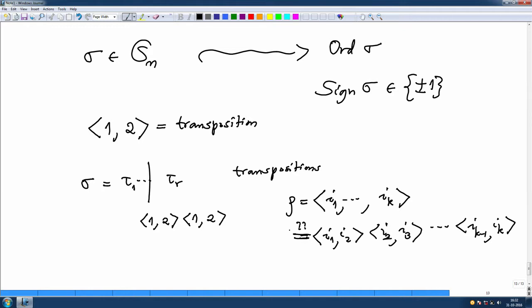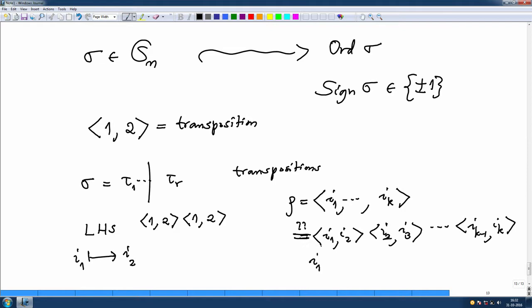So I only have to check what happens to the images of i1 to ik under both sides. Well, on the left side I know i1 goes to i2. This is the LHS. Now let us check the RHS. Where does i1 go?